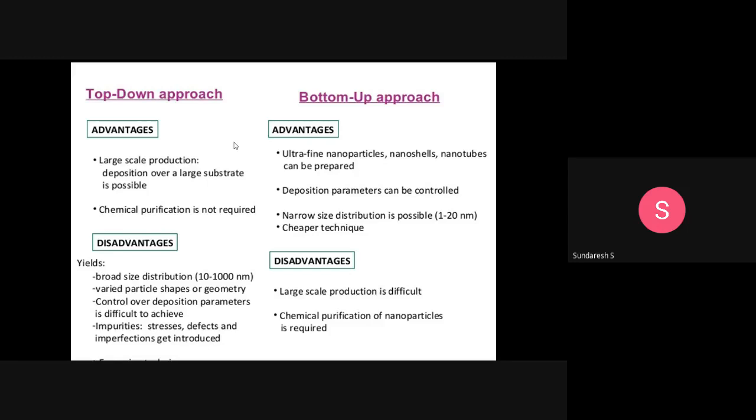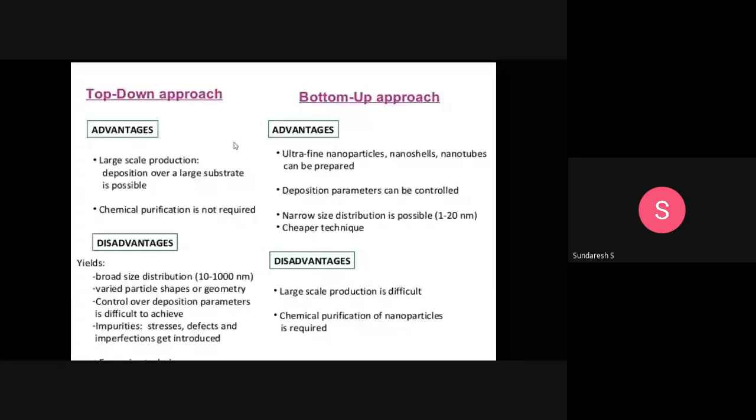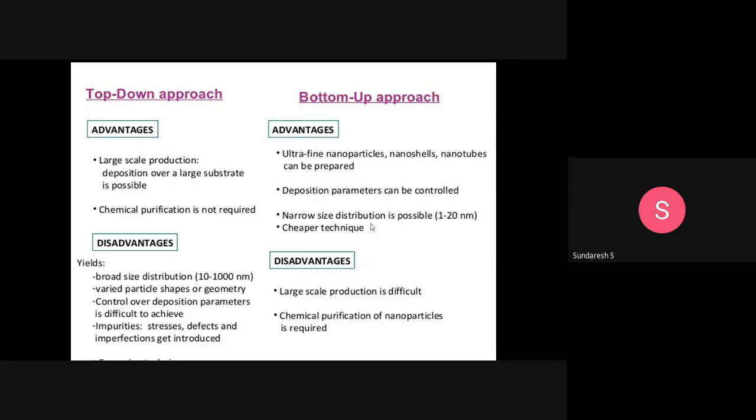When it comes to the bottom-up approach, we have advantages: ultra-fine nanoparticles, nanoshells, nanotubes can be prepared. So this is a process where we can get nano or ultra-fine nanoparticles, nanoshells, nanotubes, and deposition parameters can be controlled.